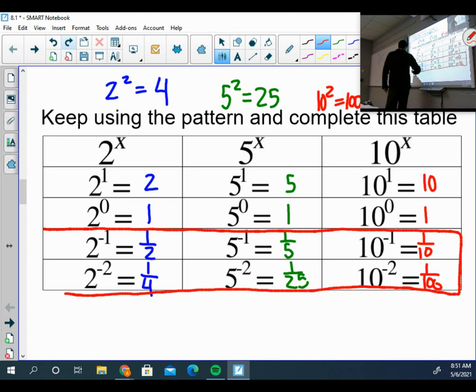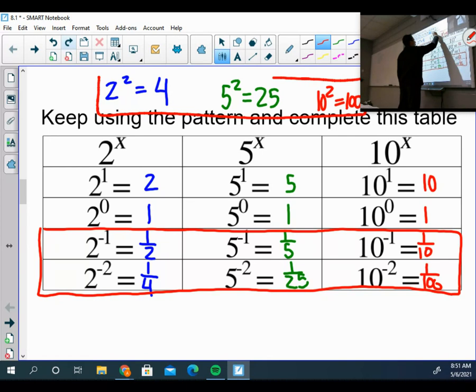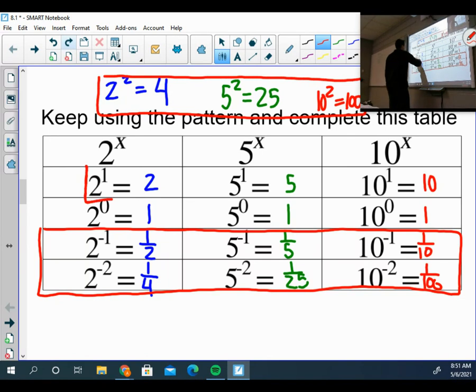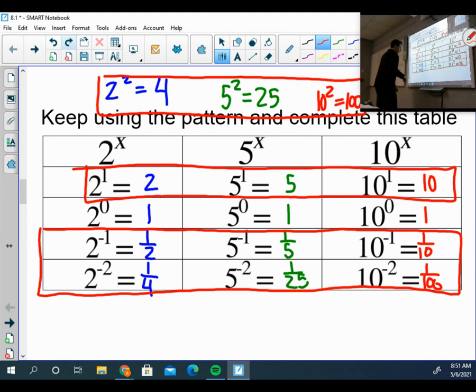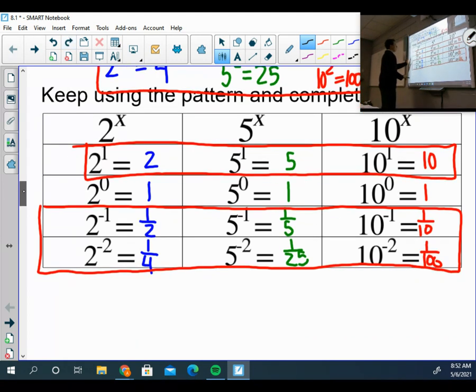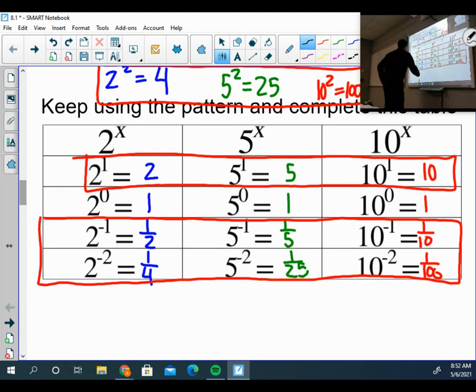Not only are all these fractions, but there's a relationship between these and their positive counterparts. What do I mean by that? Well, let's look at the 2 column. What we notice here is that, and maybe I'll expand on it a bit down here, let's use a different color.